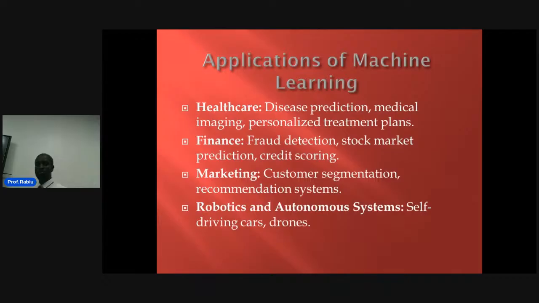The application of machine learning could be in healthcare, finance, marketing, robotics, and more. In healthcare, you can predict a disease as it's happening or before it happens. You can predict the contamination rate, where to isolate, and what we can do to prevent it from going to certain places.